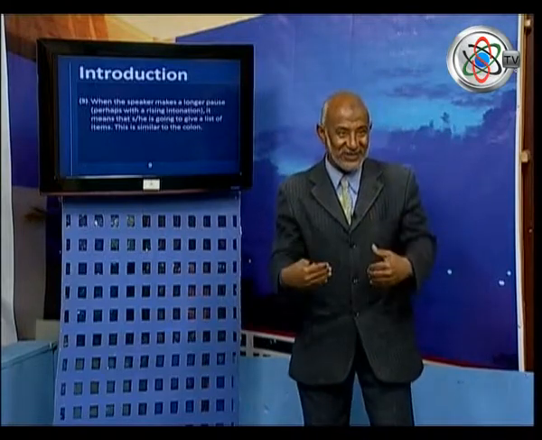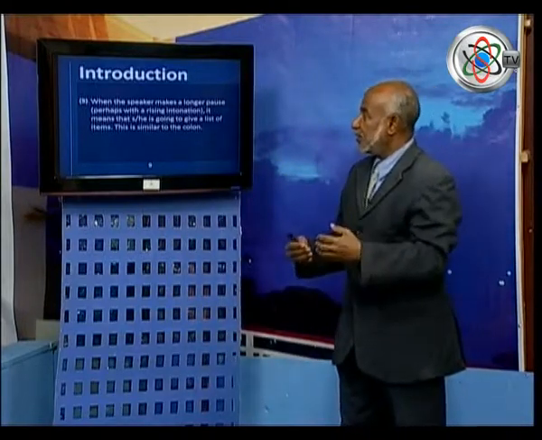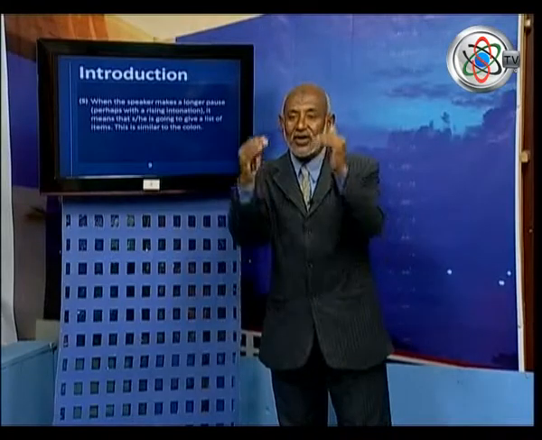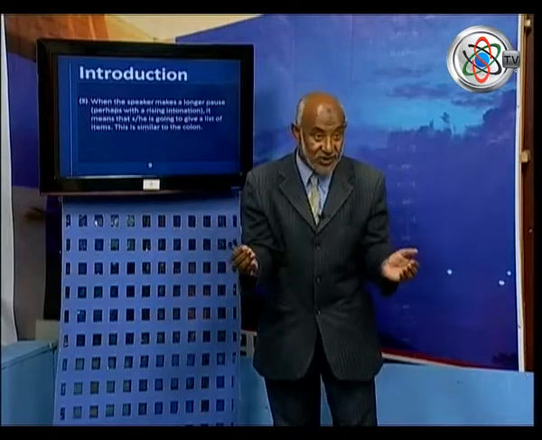It means that he or she is going to give a list of items, a list of things. This is similar to the colon. This means that your speech has not finished yet, your writing has not finished yet. You are going to give me a huge amount of information afterwards.